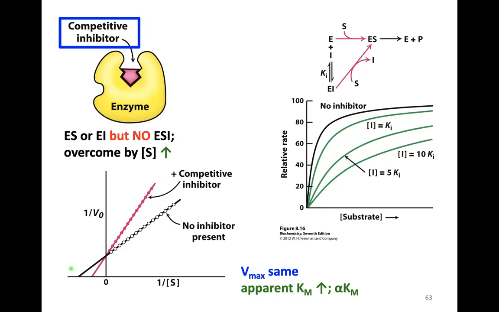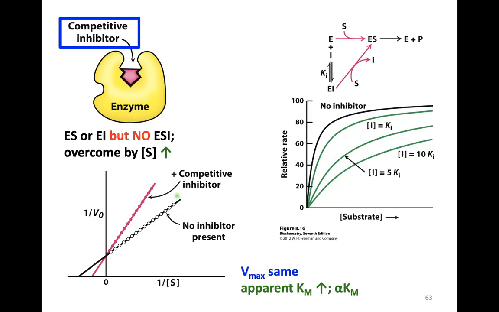So the black plot here is in the absence of inhibitor. Again, the y-intercept will give us the value of Vmax, and the x-intercept will give us the value of Km, as we just described.